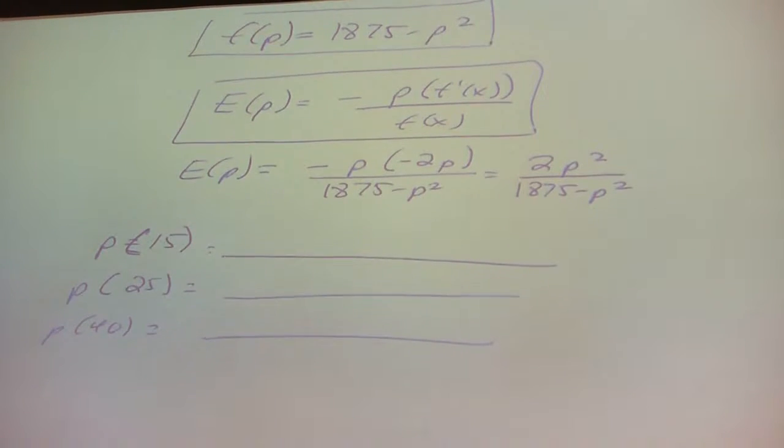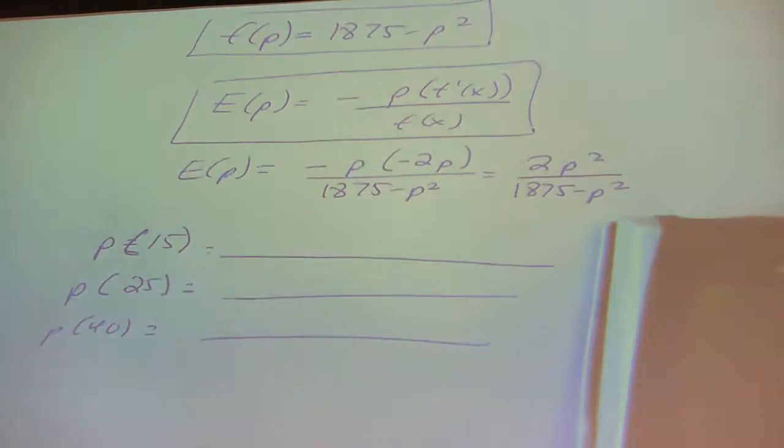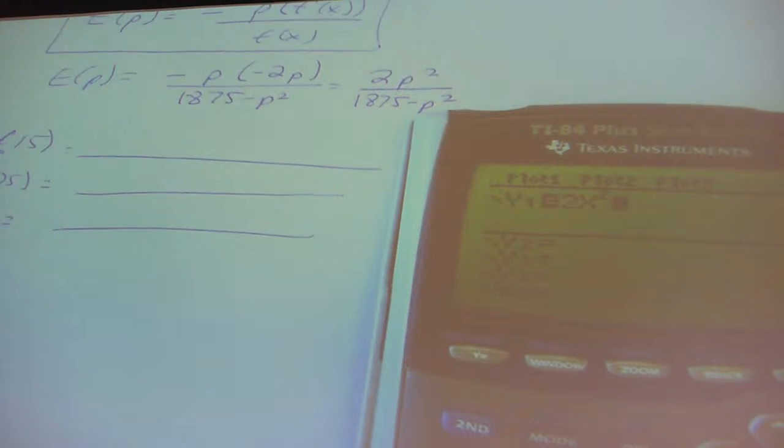You okay so far? Then we go to our calculator. We type in 2x squared divided by, make sure you put the entire bottom in parentheses.